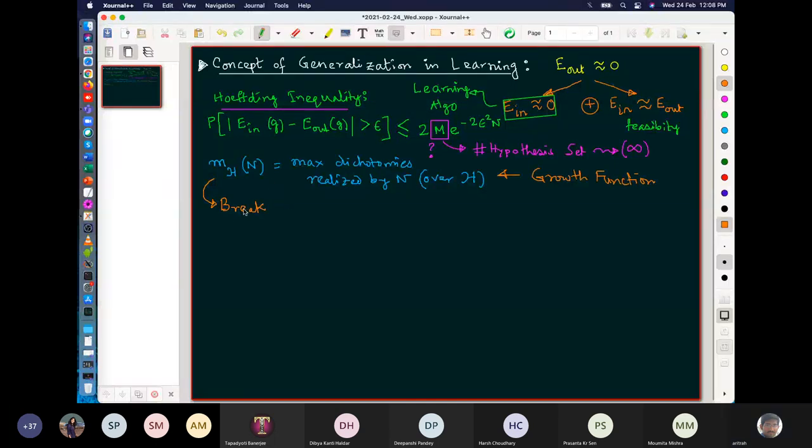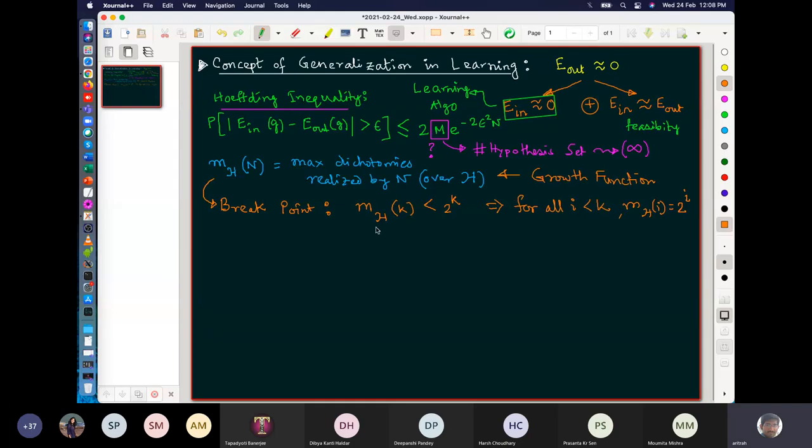Rather, we thought about something called a breakpoint, which is basically a value k where I will find that the growth function is less than 2 to the power k. Therefore, we can say that for all values i which are less than k, my growth function on those i is equal to 2 to the power i.